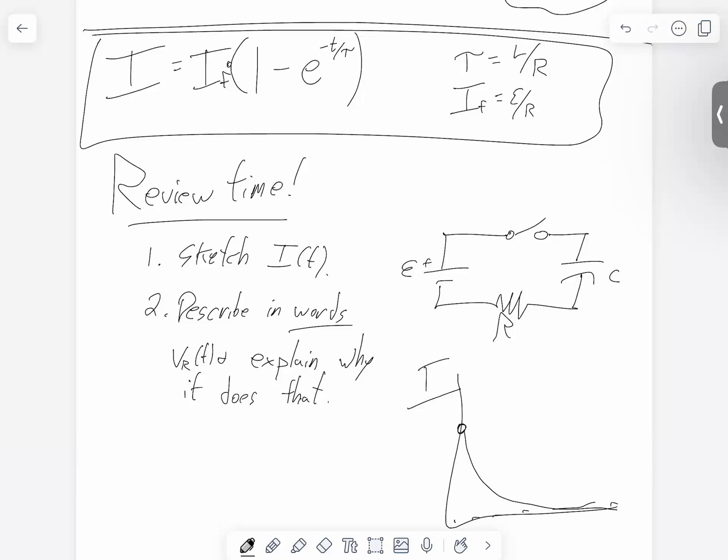If there's less voltage across the resistor, what happens to the current through the resistor? V equals IR. If V goes down, I goes down. There's a rapid decrease in the current. The final step, what I would describe for part 2 as full credit, is the less current there is through the circuit, the less voltage is across the resistor because V equals IR.